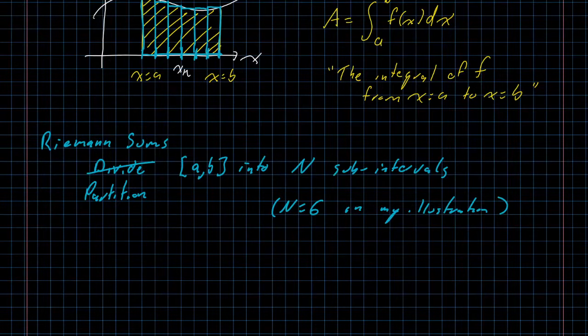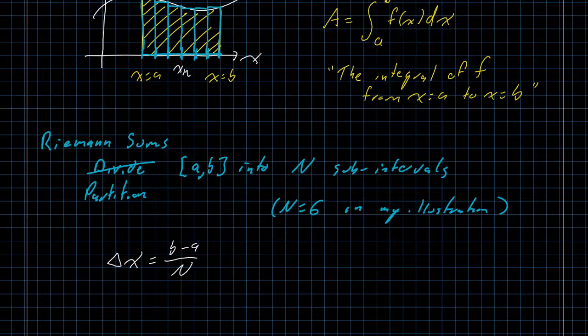All right, so call one of these points that we've just created xk. We're going to introduce a parameter delta x, which is b minus a over n. Right?